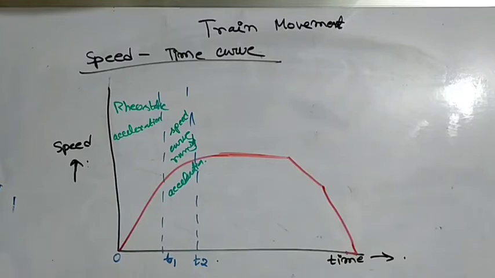Now three factors are responsible for the decrease in acceleration. First, speed torque characteristics of series motor is such that as speed increases, torque developed reduces. Second, as speed increases, resistance increases very much, and this reduces the net tractive effort available for giving acceleration.